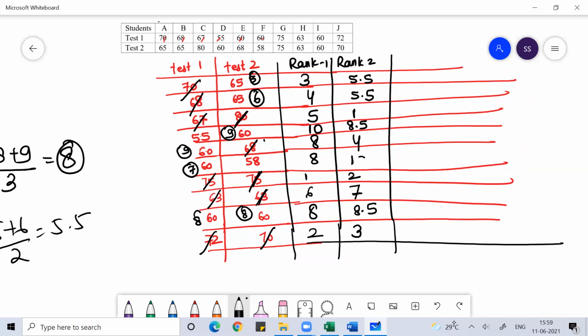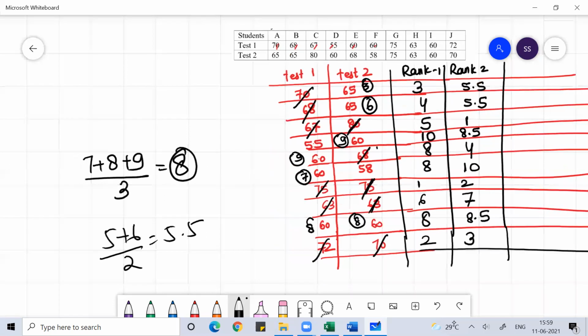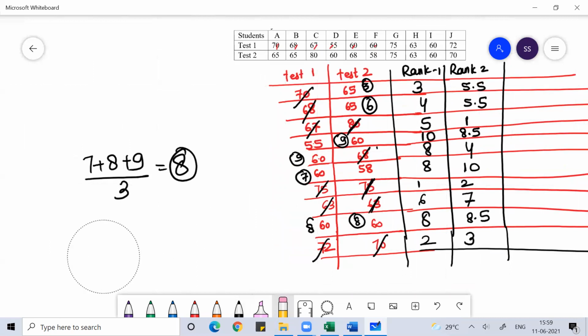And then this will be 10th. Anyone, any doubt, any confusion? Guys, please tell me if you have any doubt.